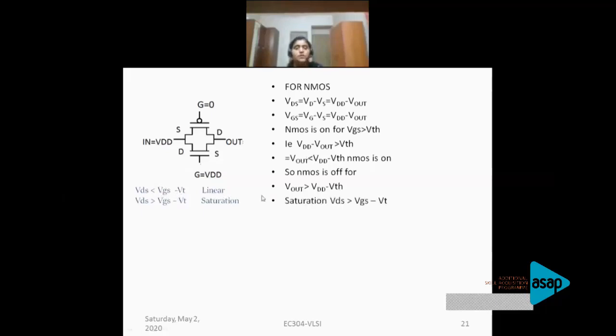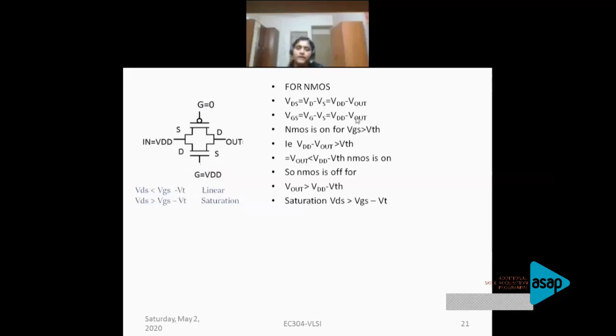If you look here, when VDS is less than VGS minus VT, it is in the linear condition, otherwise it is in the saturation condition. According to our case, we'll see which of these two equations is true for us: whether VDS is less than VGS minus VT or whether VDS is greater than VGS minus VT. If any one of these conditions is true, that is the region where your NMOS is actually working.